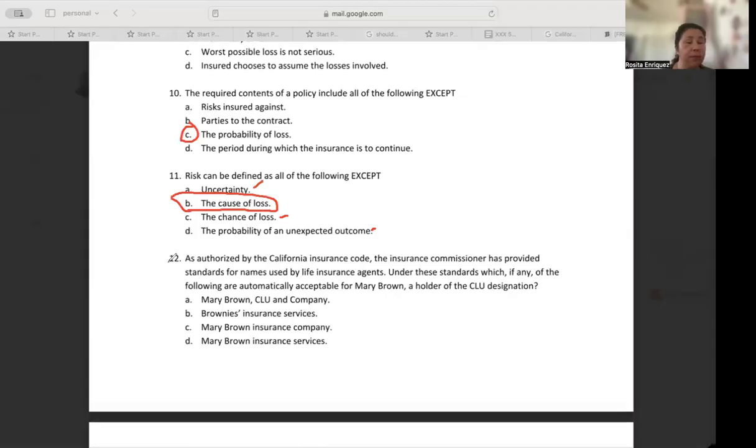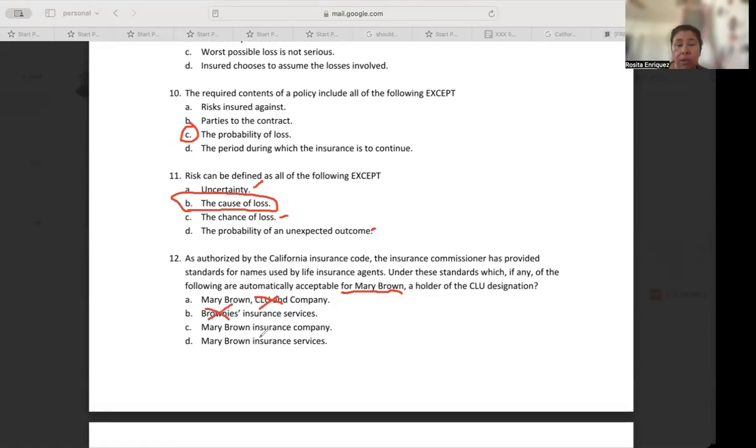Number twelve, as authorized by the California Insurance Code, the insurance commissioner has provided standards for names used by life insurance agents. So we have this life insurance agent named Mary Brown, and she's a holder of the CLU designation. She cannot use the CLU and Company, and it cannot be Brownies because she's not baking.